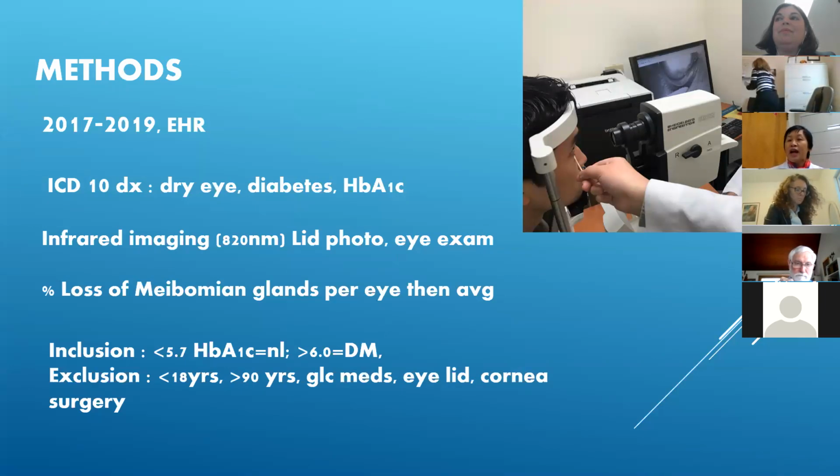Lid photos were done, eye exam. And the percent loss of meibomian glands per eye was calculated and averaged per person. The inclusion criteria were, if you were control, we designated as 5.7% hemoglobin A1C, and diabetics were over 6.0%. Exclusion criteria: less than 18 years of age, greater than 90 years of age, glaucoma medications, eyelid surgery, or cornea surgery.